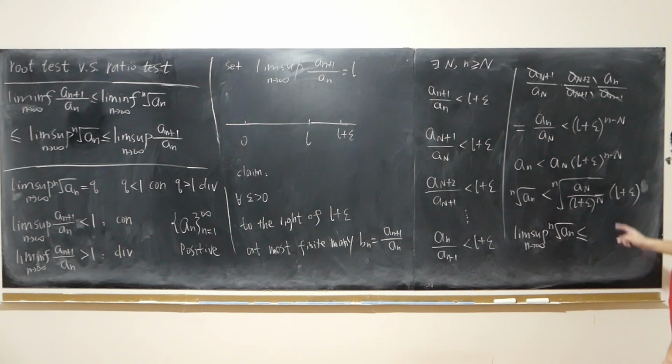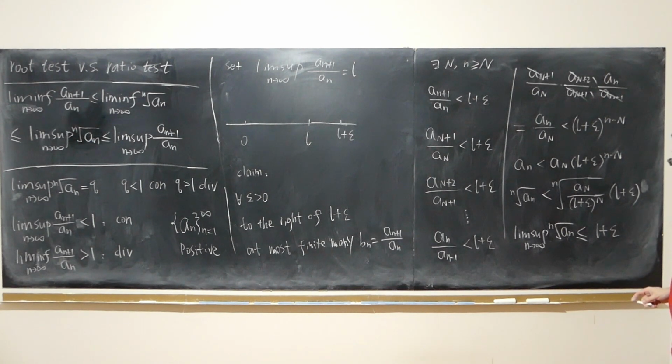It is smaller than or equal to this lim sup, but this already has a limit. L plus epsilon is a constant. We fix epsilon, and capital N is also fixed. So inside here we have a fixed positive constant, and we take the nth root. That's a well-known limit, approaching 1. So that is L plus epsilon.